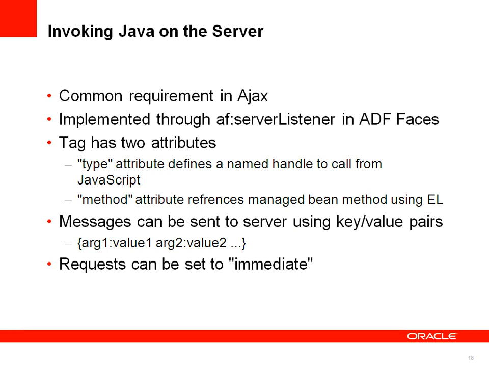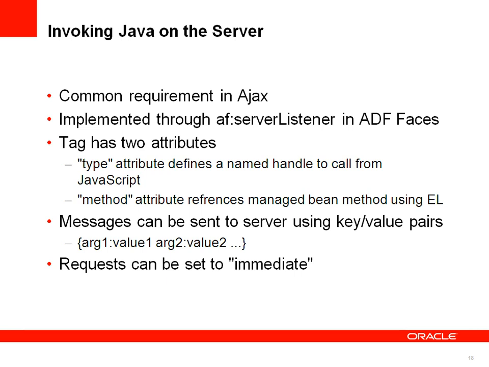The type defines the name of the listener to access, and the method defines an expression language reference to a managed bean. And the managed bean method has one single argument, which is of type client event. Within the call to queuing the message to the server, you can pass a payload, which in some cases is required just for the server side to do the right thing.